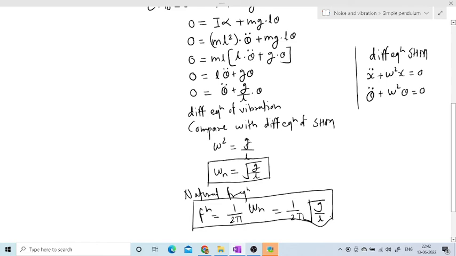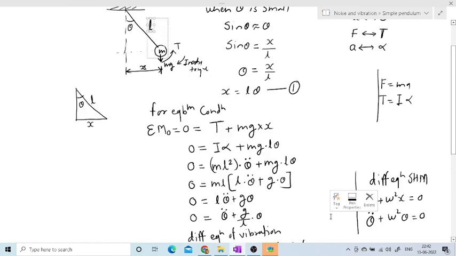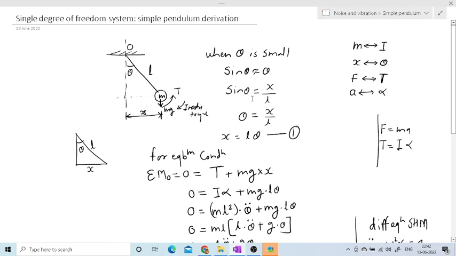I'll quickly revise this. In this derivation, we have considered one pendulum on which the torque T is applied on the mass M, the pendulum length is L, the angle turned by the pendulum is theta, and its linear displacement is x.